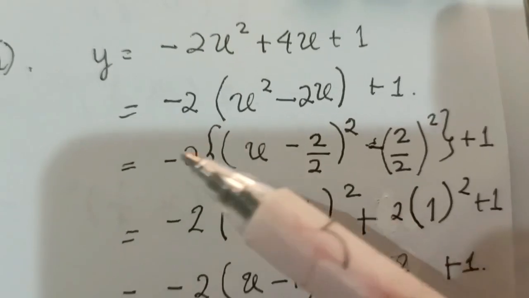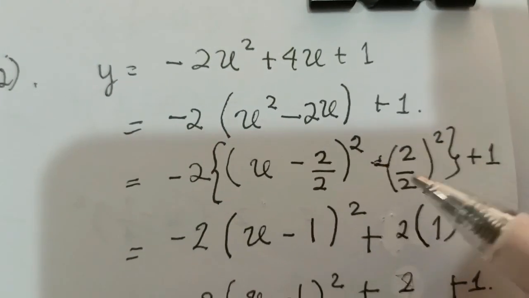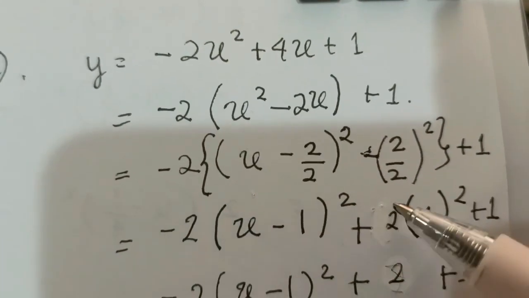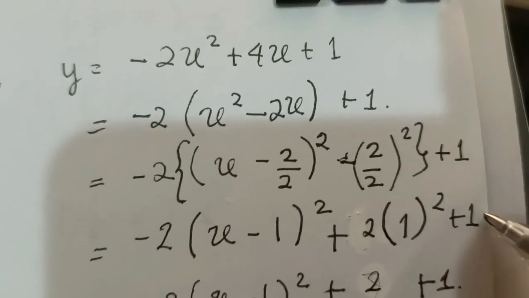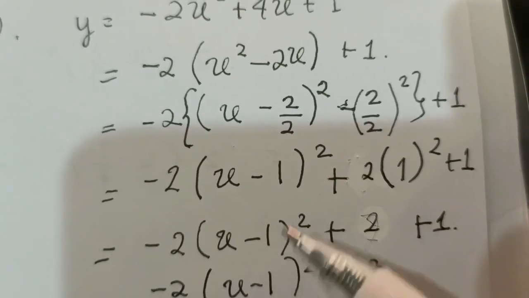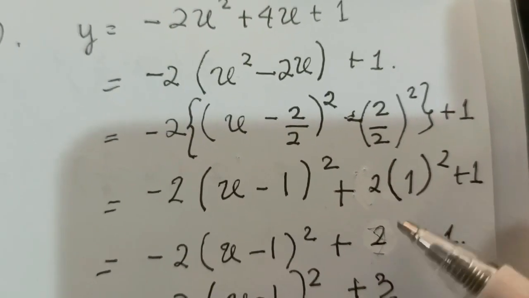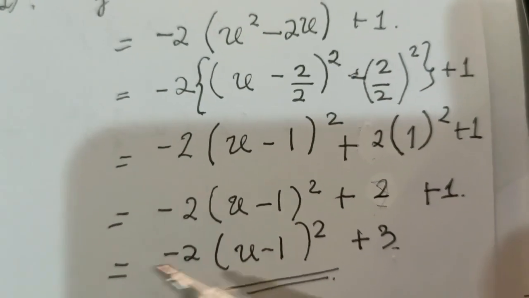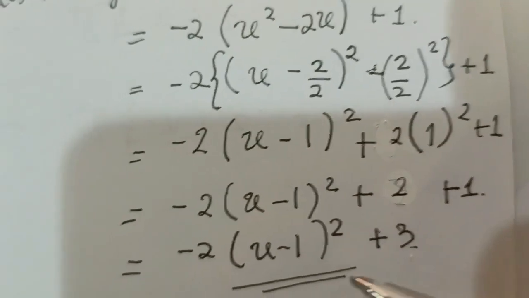Then minus 2 multiply minus 2 per 2 quadrat. Minus multiply minus is plus 2 multiply 1 quadrat plus 1. Then minus 2 in the bracket x minus 1 quadrat plus 2, because 2 multiply 1 is 2, plus 1. So the result will be minus 2 in the bracket x minus 1 quadrat plus 3. That's it.